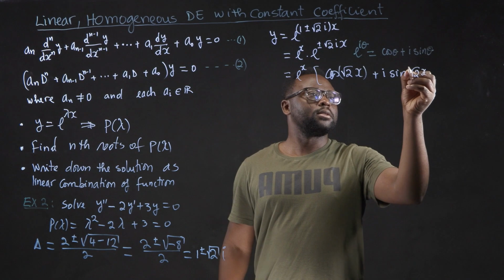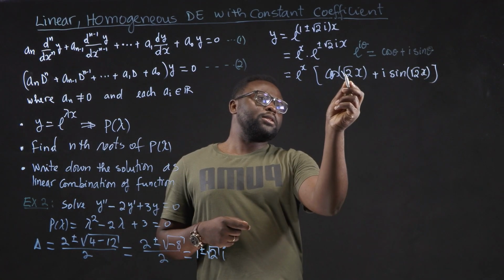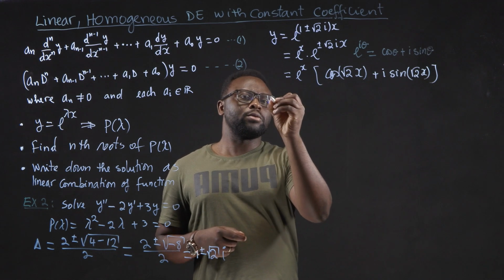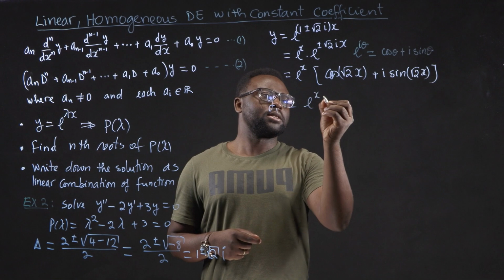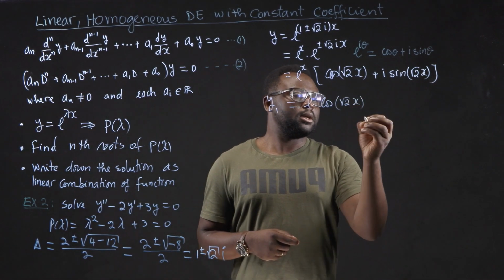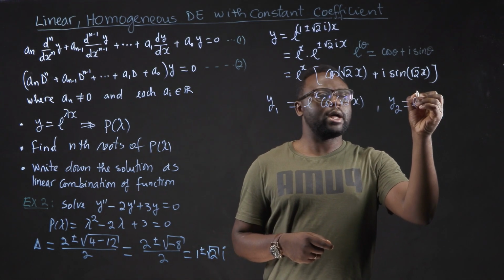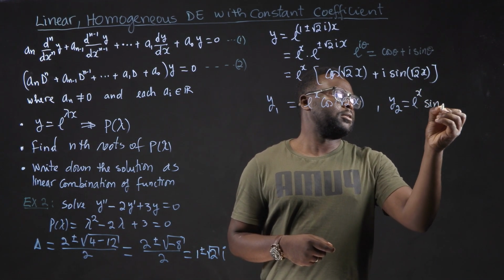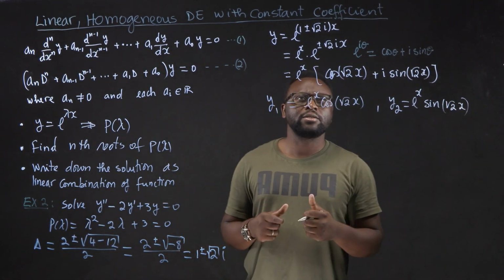Use the bracket. All right, at this stage, if you take this, you multiply by this gives you the first solution. This is, let's say, y1 is equal e to the power x cos square root of 2x, and y2 is e to the power x sine square root of 2x. So we have the first solution, we have the second solution.